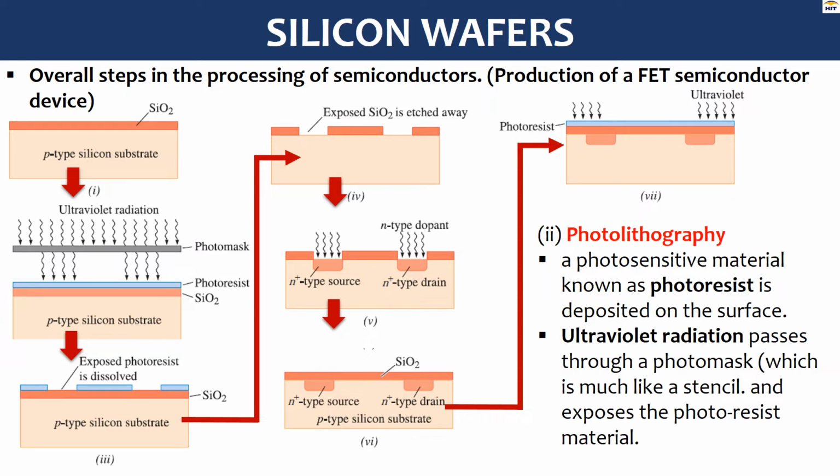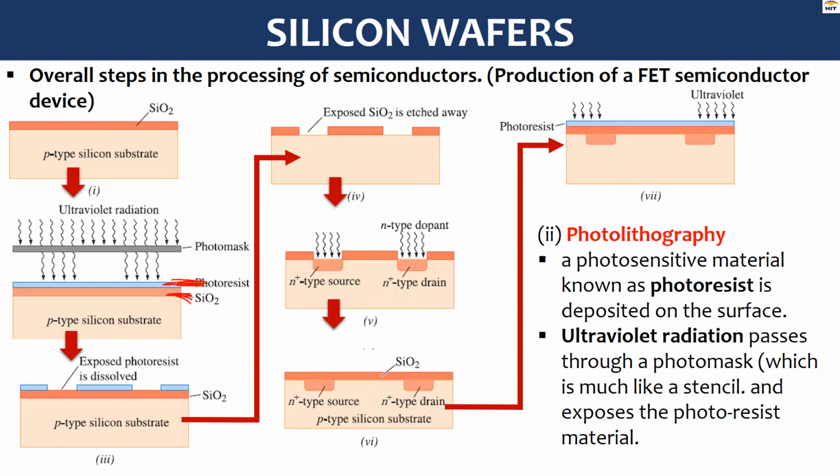After oxidation, there comes a process which is called photolithography. For your photolithography, you take what is called a photoresist. A photoresist is a photosensitive material that is deposited on top of the oxidized surface of the silicon substrate.